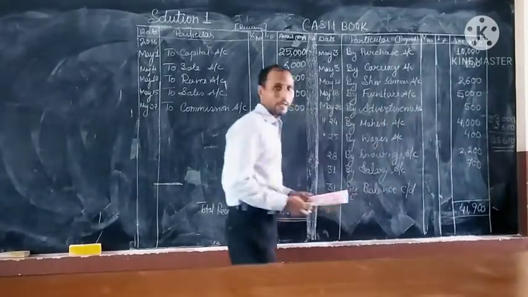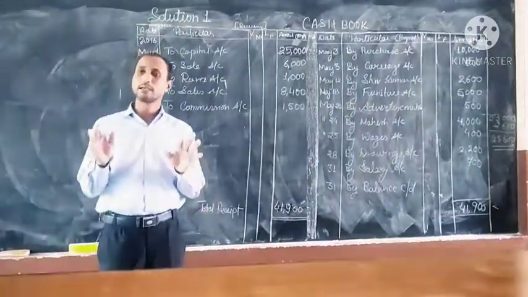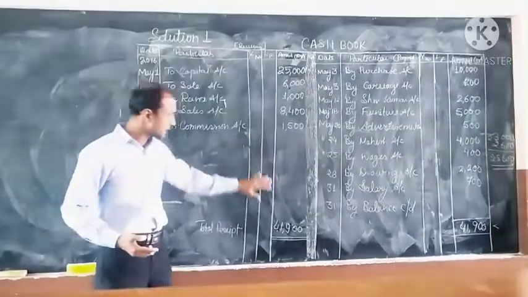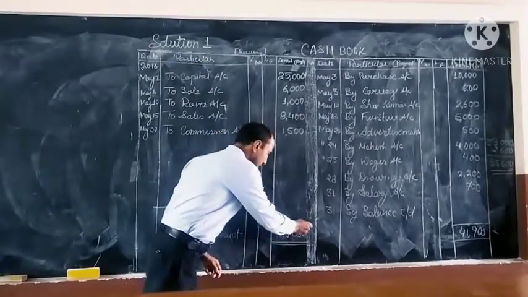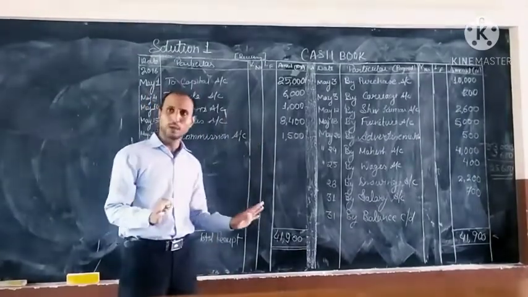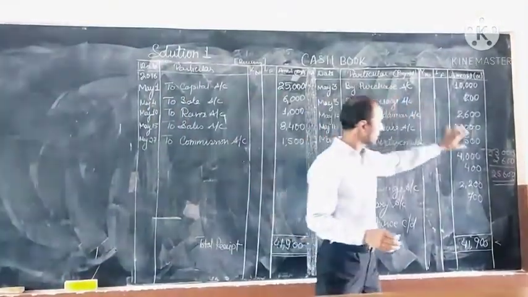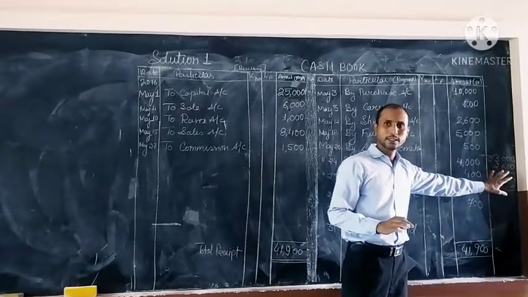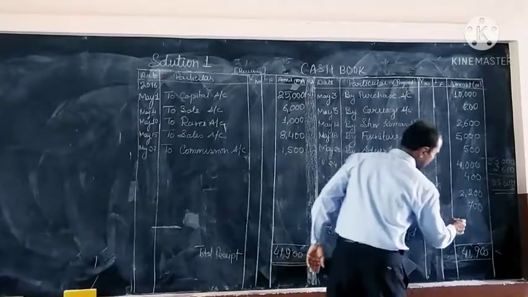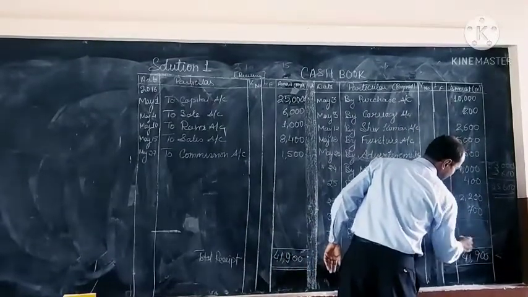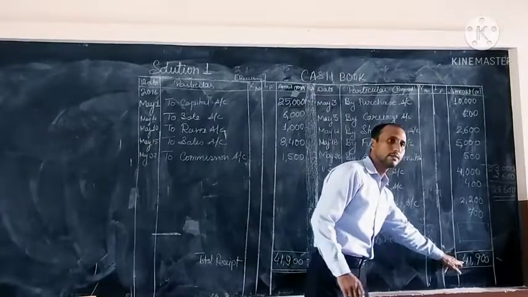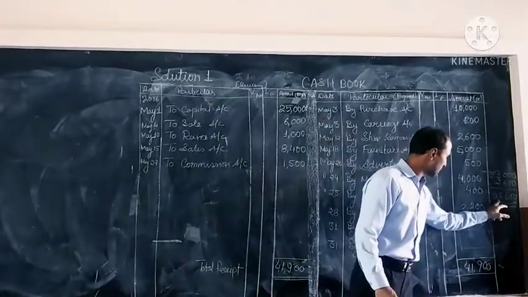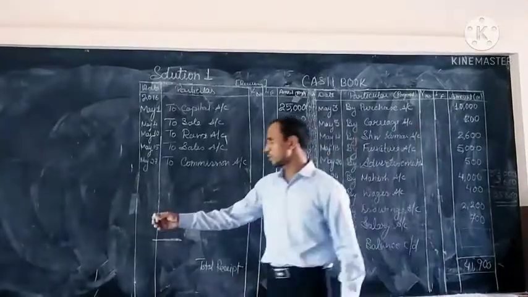CD means balance carried down. Once again, please concentrate on both sides. This much amount you have received in the whole month, and how much did you spend? Now what is left, we write here, only then will it balance. Balance carried down means you subtract 25,600 from 41,900.